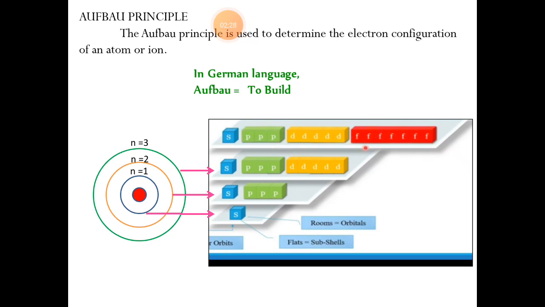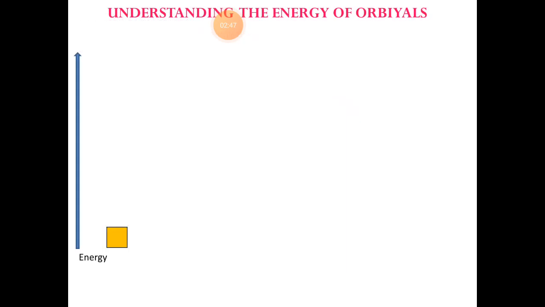Now, according to the Aufbau principle alone, we cannot determine the exact electronic configuration of the atom. But while considering electronic configuration, the Aufbau principle plays an important role. When we consider the energy of the orbitals, there is an increasing order of energy.